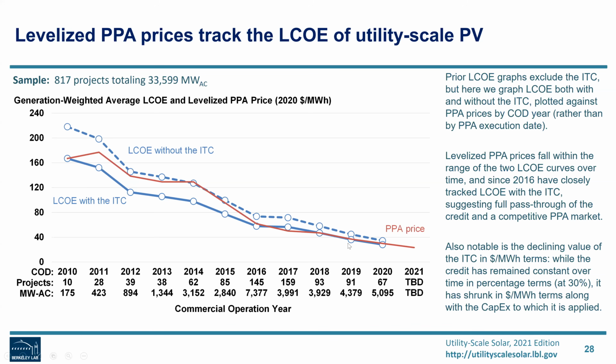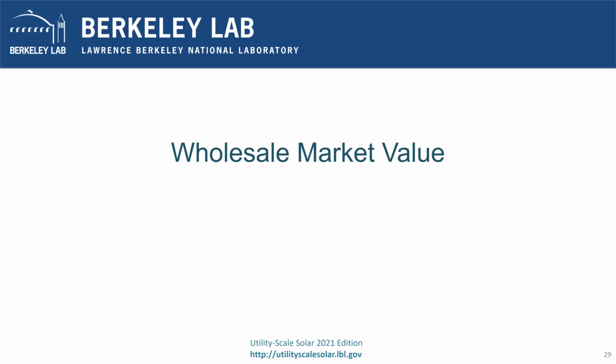And this suggests that this credit, this investment tax credit, is in fact being passed through to off-takers in the form of lower PPA prices, which in turn is a sign of a competitive market that's efficient and is more cost-based than value-based. And those are all positive attributes.